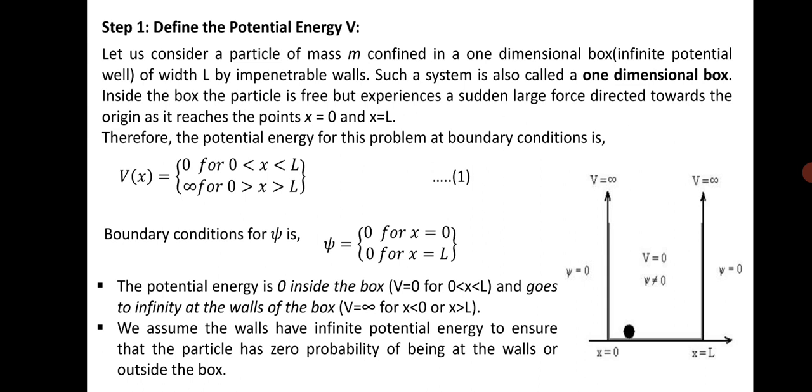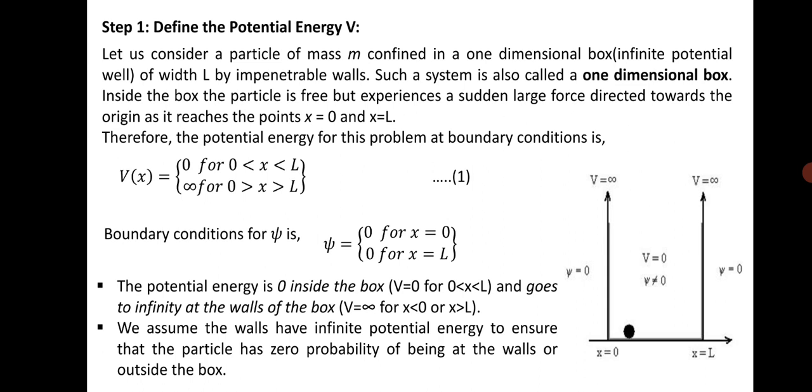Therefore, the potential energy for this problem at the boundaries, at x equal to 0 and at x equal to L: V becomes equal to 0 for 0 less than x less than L, and V becomes infinity for x less than 0 and x greater than L.